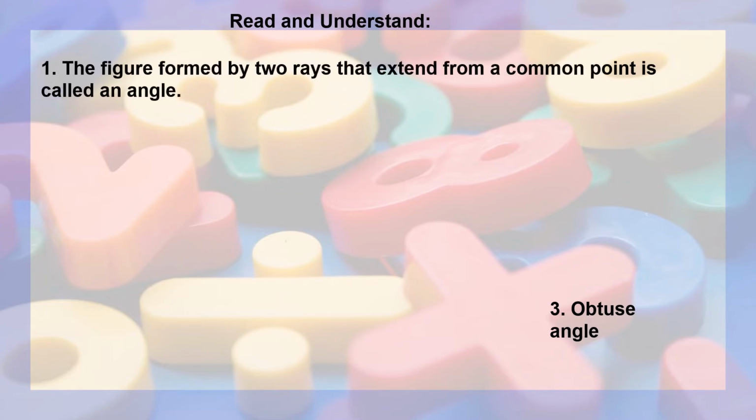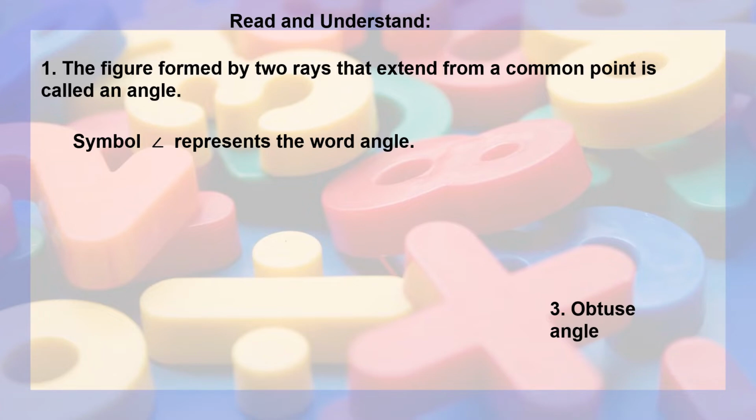The figure formed by two rays that extend from a common point is called an angle. We all know what an angle is. When you have two rays that you can extend from a common point, it is an angle. The symbol of angle represents the word angle.